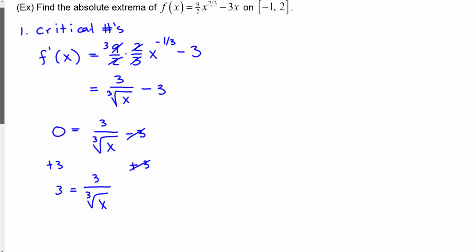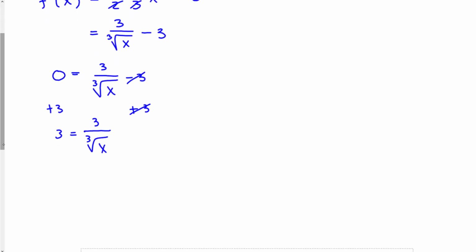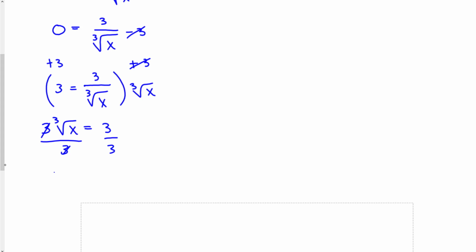And then next what I'll do is multiply both sides by the cube root of x, just to get it out of the denominator. So 3 times the cube root of x is equal to 3. Divide both sides by 3. So now I have the cube root of x is equal to 1.